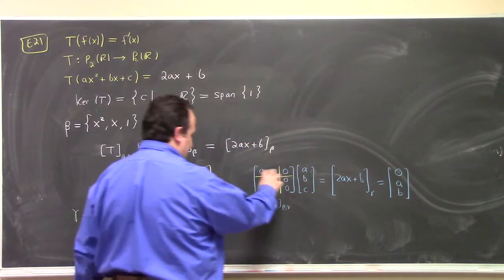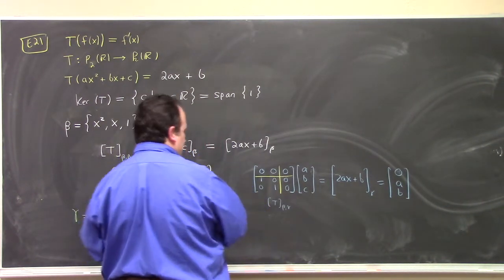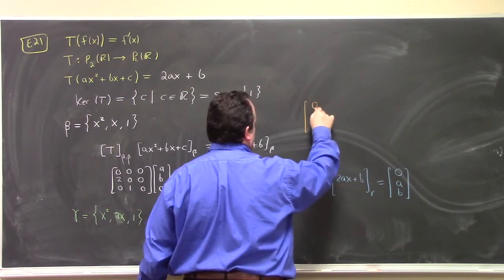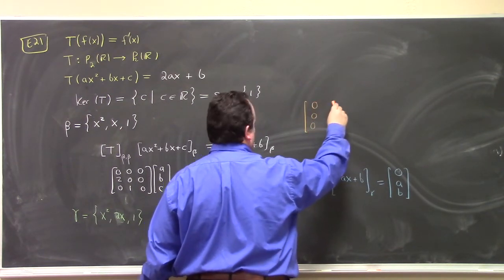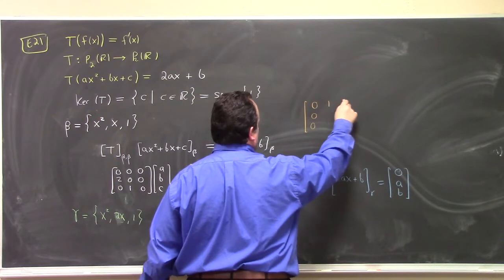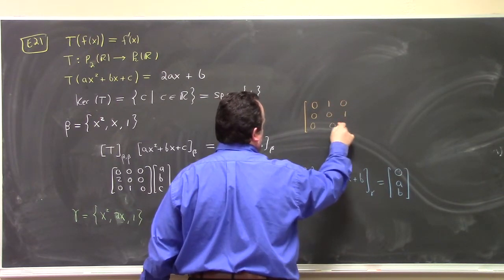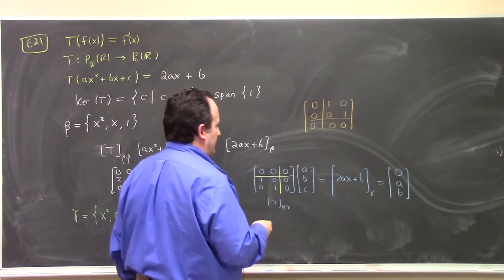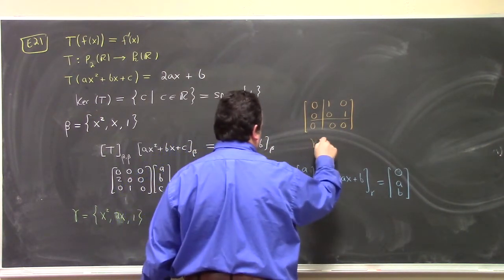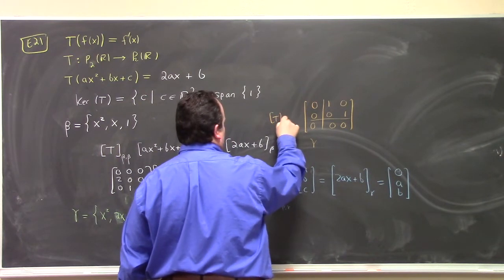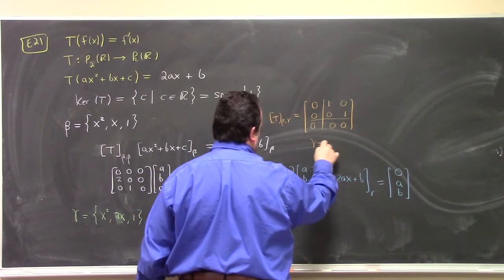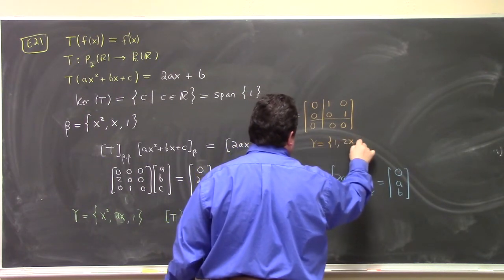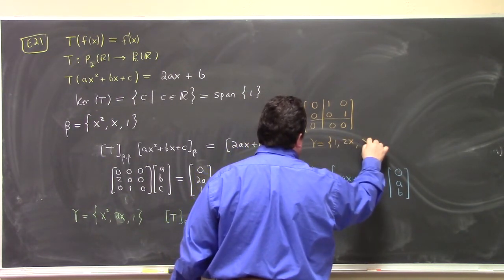I want the 1 to go there. See, what I want is, I don't know why, I just want that matrix. Can I make that happen? Would I choose gamma equal to what to get that? 1, 2x, x squared? Yeah, I think so.